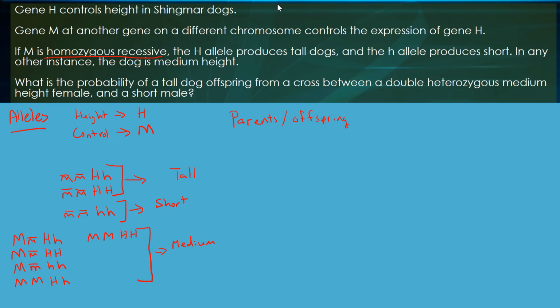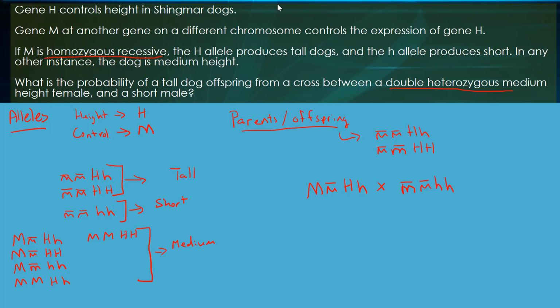Again, going through our same process always to solve a genetics problem. We want a tall offspring. Okay, so we either want this or this from a cross between a double heterozygous medium. Okay, so double heterozygous, pretty straightforward. And a short. Well, there's only one for short. This guy here is our short.